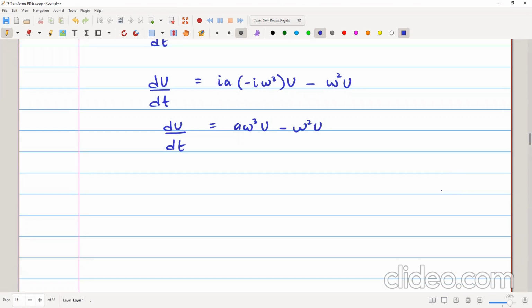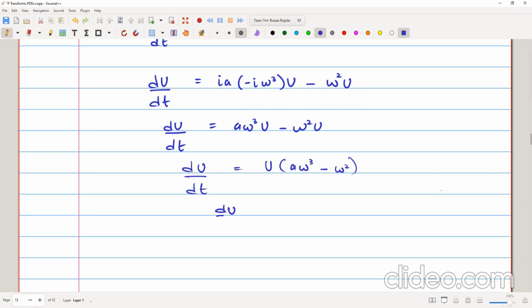So this is simply a first order linear differential equation. So we can solve, and it's separable as well. So it's easy to solve this equation. We can take out u as common, and it will be a omega cube minus omega squared.